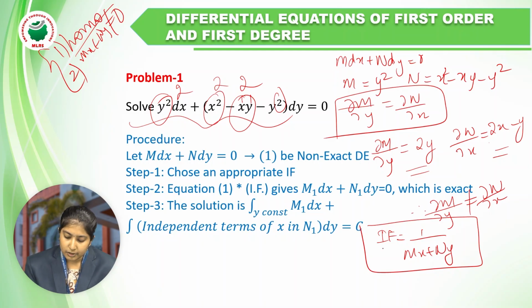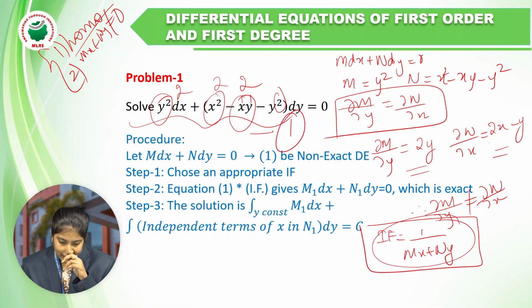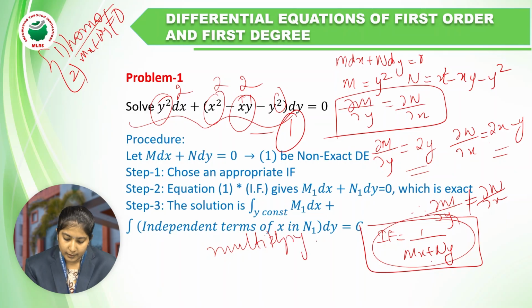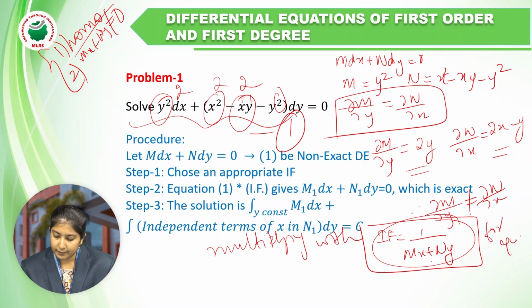So, multiplying this given integrating factor with the equation. Always remember, when you are taking the problem, take the given equation as equation 1. This equation should be multiplied with the integrating factor 1 by mx plus ny for equation 1, right?